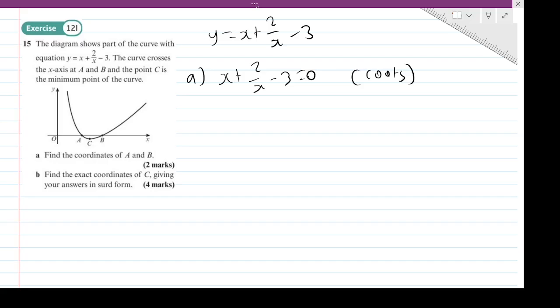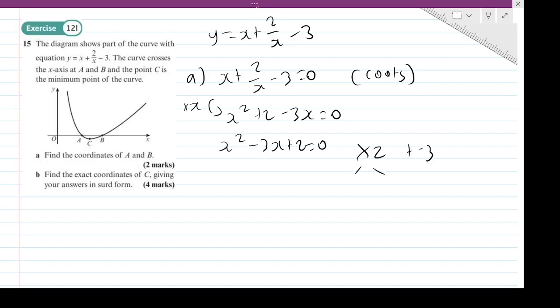How am I going to solve it? Well, I could just times everything by x to get rid of the fraction. So then x squared add 2 minus 3x equals 0. Now I've got a quadratic. If I rearrange this ever so slightly, it's a quadratic I can solve. Can I factorize? Times to get 2, add to get minus 3.